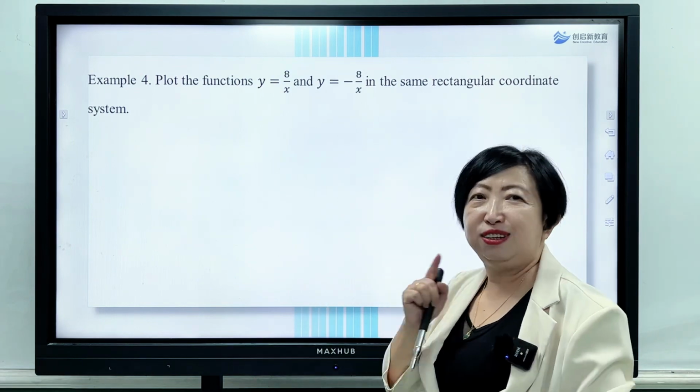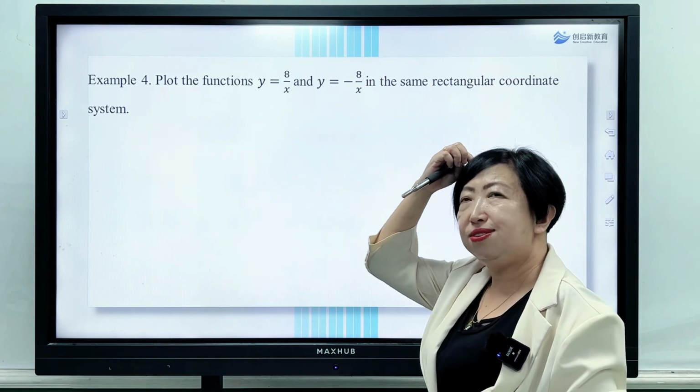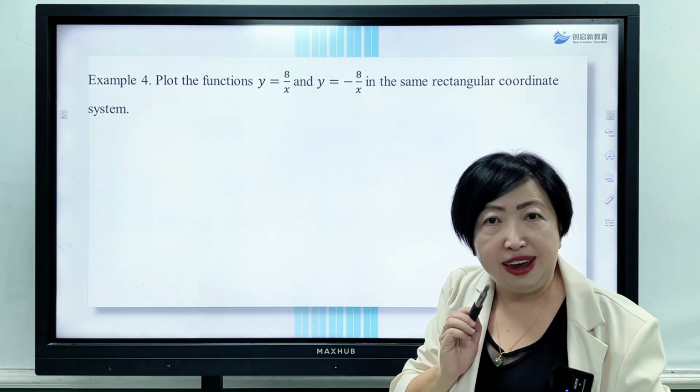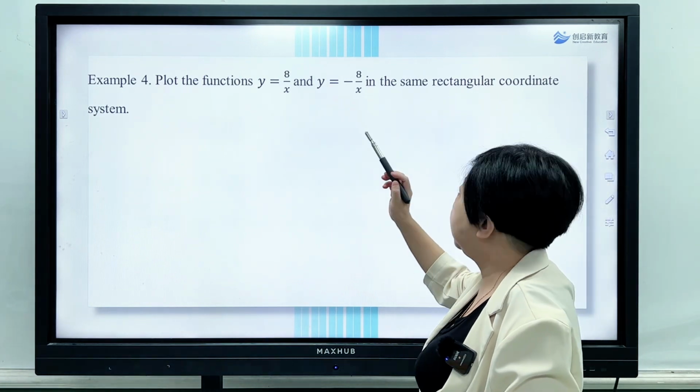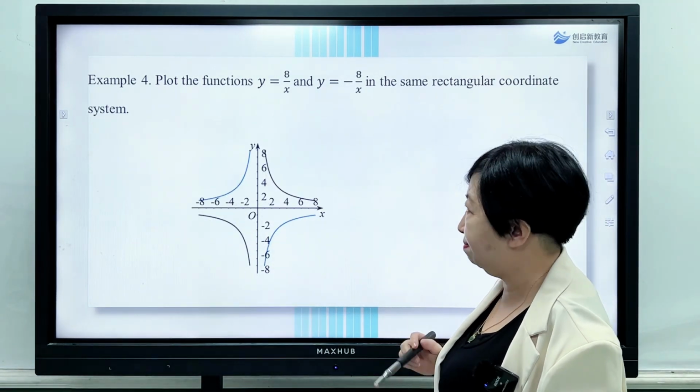Let's do some examples. Example 4. Plot the functions y equals 8 divided by x and y equals -8 divided by x in the same rectangular coordinate system.